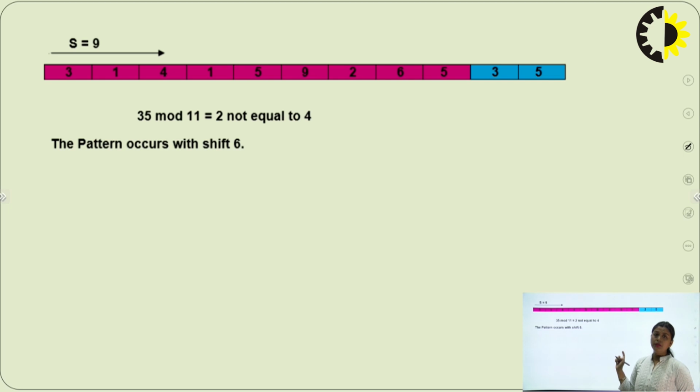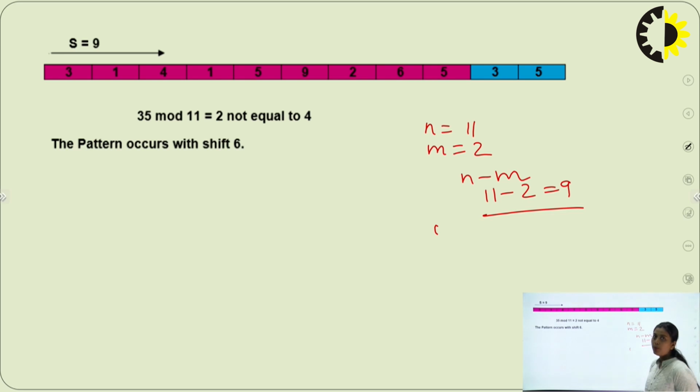Okay, the length of the text is 11 and the length of the pattern is 2. So how many shifts are there? Basically n minus m, so 11 minus 2, which is 9. We have to perform 9 shifts. After the 9 shifts, we finally get the final result.